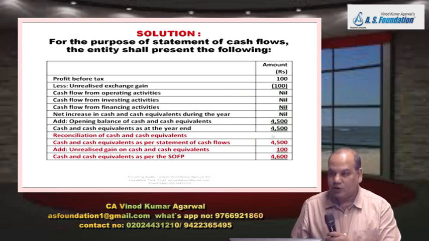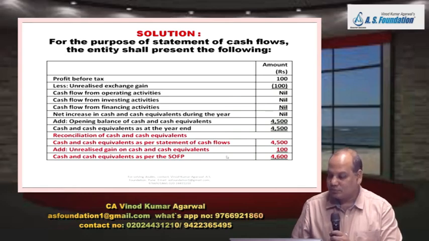So then reconciliation of cash and cash equivalent. This you will write like this: cash and cash equivalent at the beginning as per the statement of cash flow 4,500. Add unrealized gain on cash and cash equivalent 100. And therefore cash and cash equivalent at the end as per SOFP 4,600.